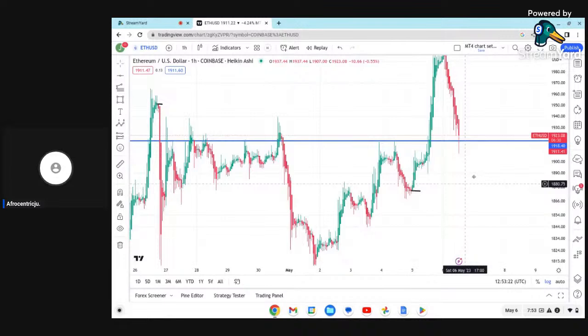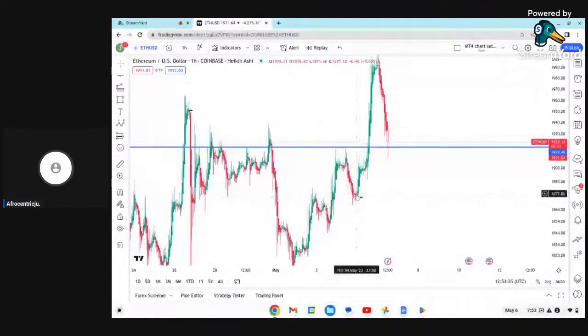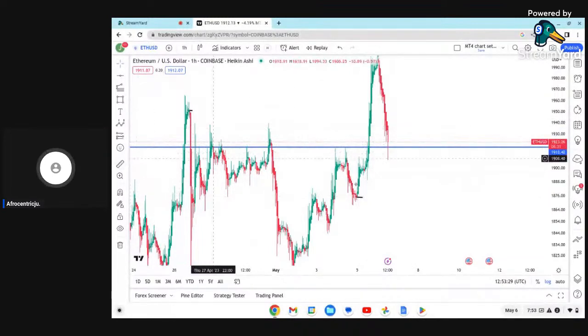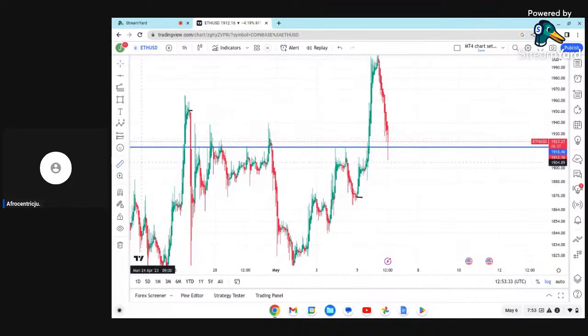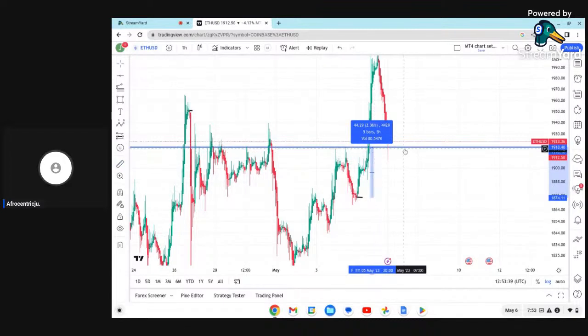So yeah, my first flat bottom candle, I could have got in here, and then I could roll up to here, and that would have been a good solid 44 pips. That's more than enough.